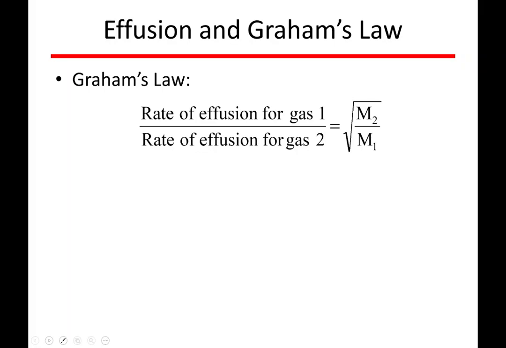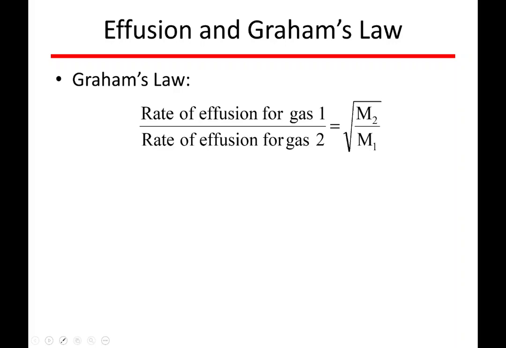What we recognize here in looking at Graham's law of effusion is that it has the exact same functional form as the ratio of the average speeds for the two gases that we saw in our previous video. So it's interesting, I think, to see how the result that we got earlier can also be applied towards studying other things like the process of effusion.